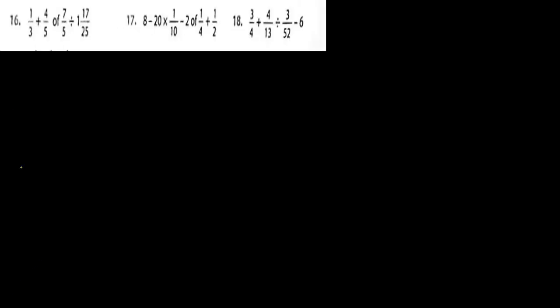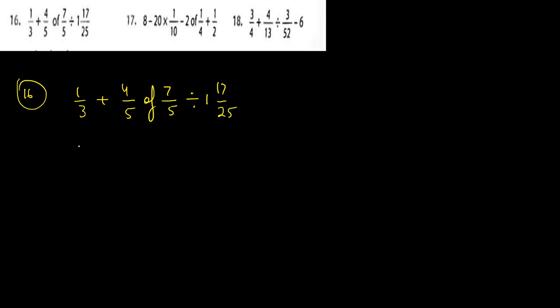Next is question 16. 1 upon 3 plus 4 upon 5 of 7 upon 5 divided by 1 whole 17 upon 25.